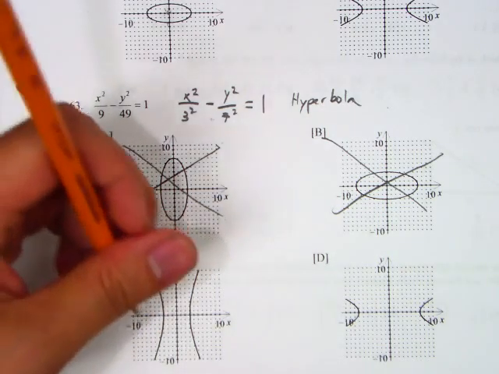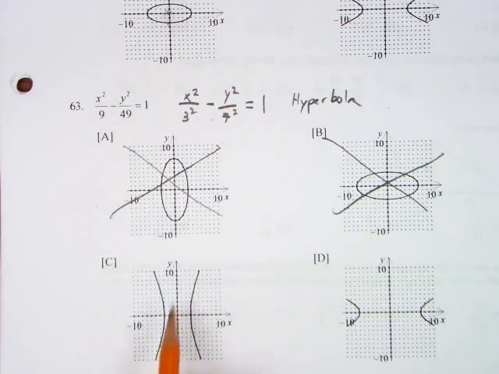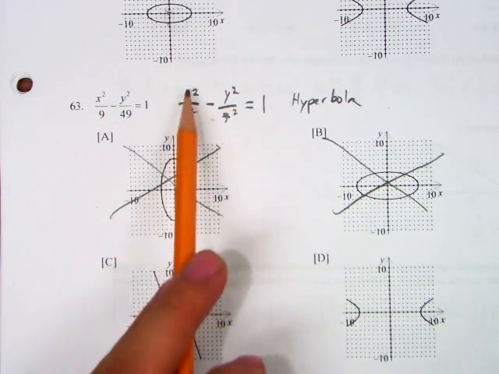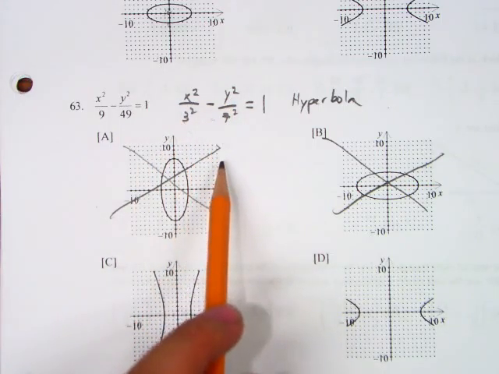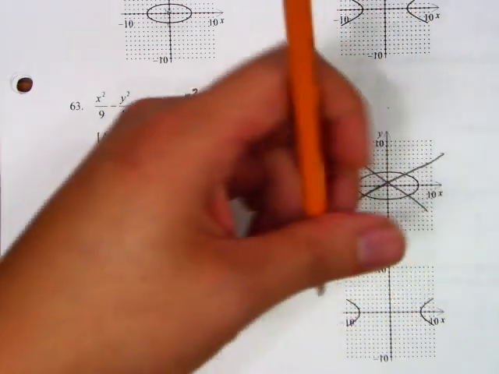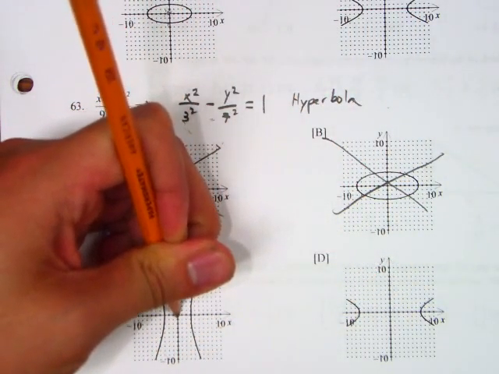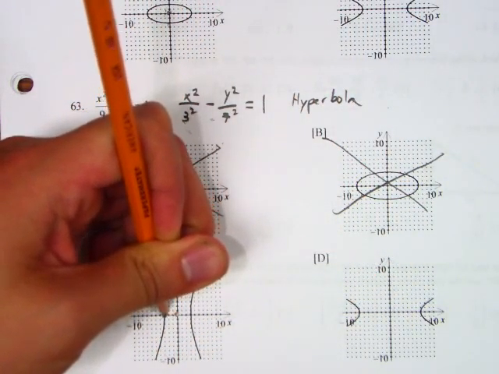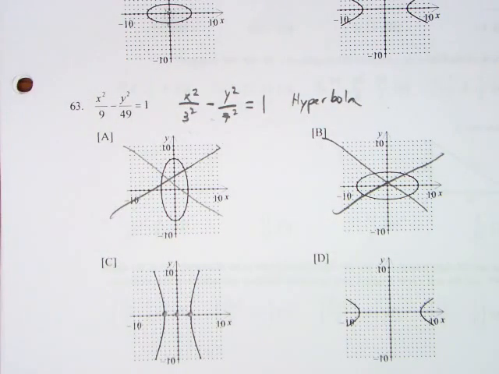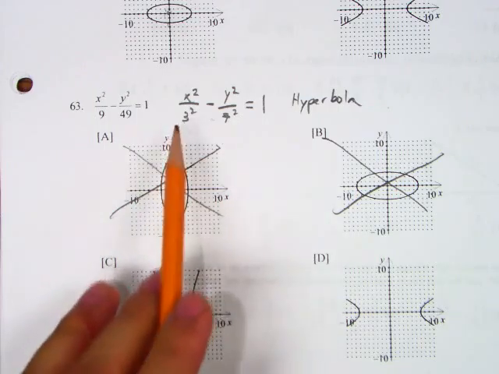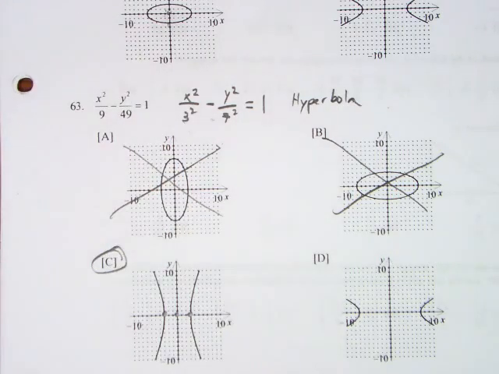We know the center here is going to be 0, 0. So for the x, it's going to be 3, and for the y, it's going to be 7. Let's say I look at C. My vertices here will be at left 3 and right 3. That's referring to the x values. That is the correct answer.